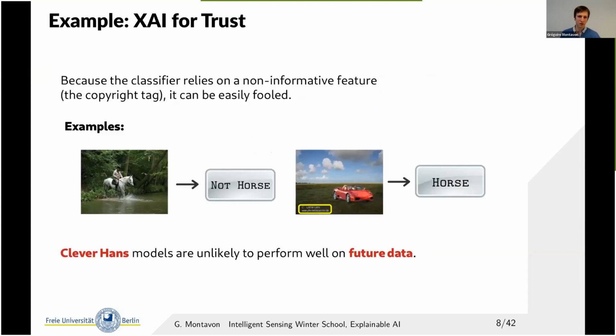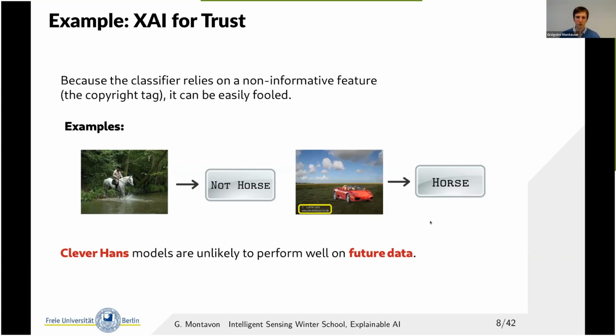Okay, and so what is the problem of this spurious correlation? Well, you can imagine that for some images where the horse is not so easily detectable, if you remove the copyright tag, they might artificially go down into not being detected as a horse. And you might have the opposite case where you have something which is not a horse, but as soon as you add some copyright tag, then it becomes a horse according to the model.